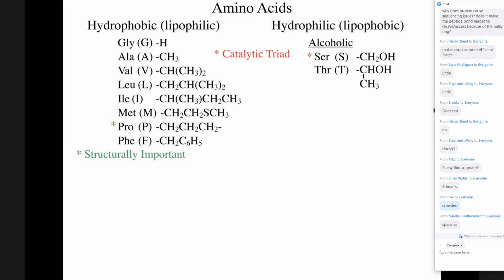You're trying to make it size specific to whatever substrate you ultimately want to bind. So here's what I think. I think serine or threonine, because they have an OH that can bind, that's going to be pretty good. But would it be better to use serine or threonine, and why?